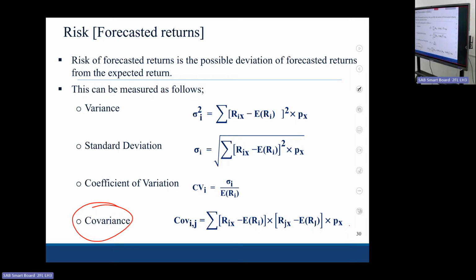Now suppose two stocks' returns are moving like this. Say this is time, this is return. If two stocks are moving like this, say this is the X returns, stock X return, and this is Y, what is the covariance? Over time, X is moving like this, and Y is also going in the same pattern.